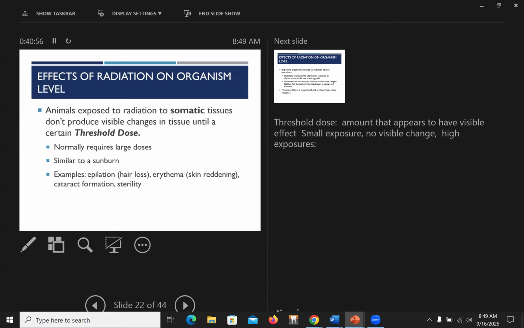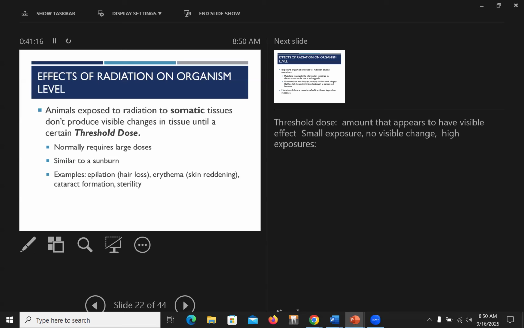When it's talking about threshold dose, what is that? It basically just means that you hit a threshold before you see an effect. So you're getting radiation, you hit the threshold, now you see the effect. And that only happens with somatic tissues.